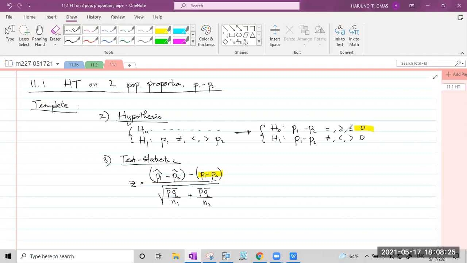Now, what is p1 hat? p1 hat is the number of successes from the first sample over the sample size. p2 hat is the proportion of successes in the second sample. Now, p bar is called the pooled proportion.